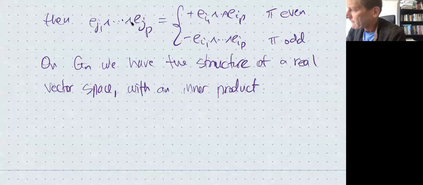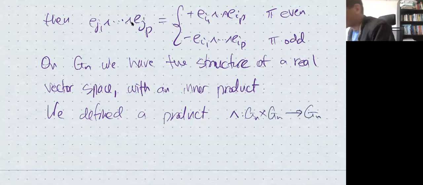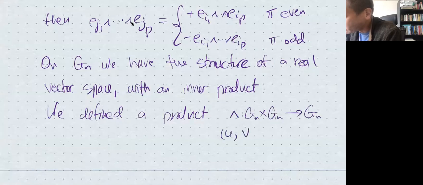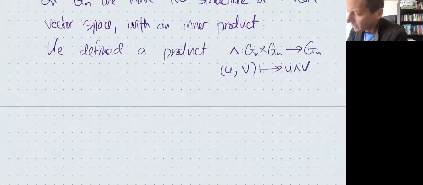So we define a product rule, denoted by this wedge. This is an operation taking pairs of elements in the Grassmann algebra and forming a new one. This is just notation. We take two formal objects in this algebra, and we map them to a new thing, which is denoted by U wedge V. And this is defined as follows.